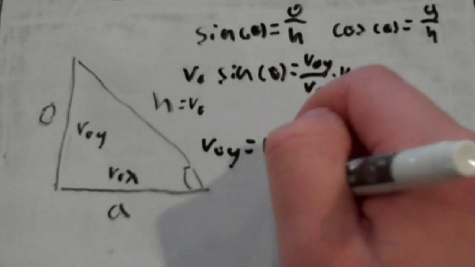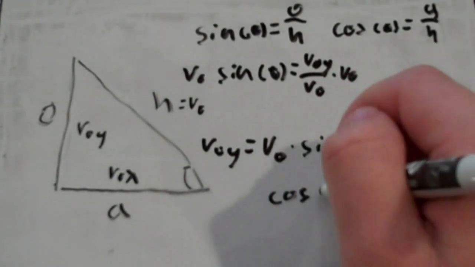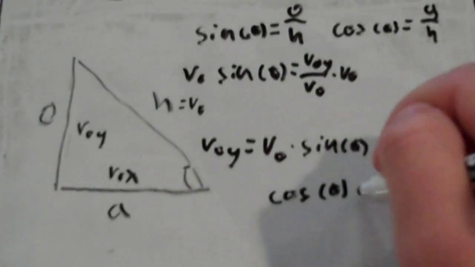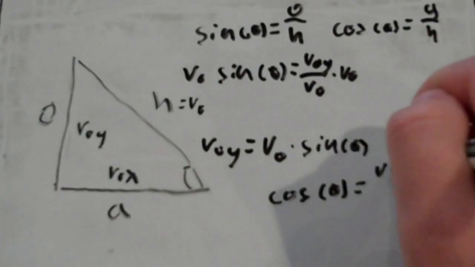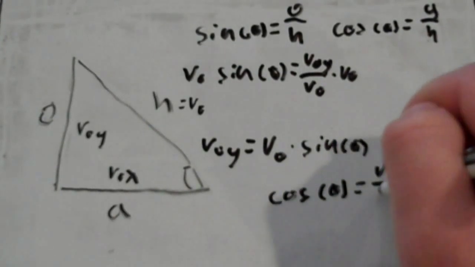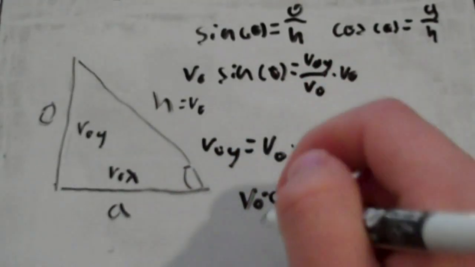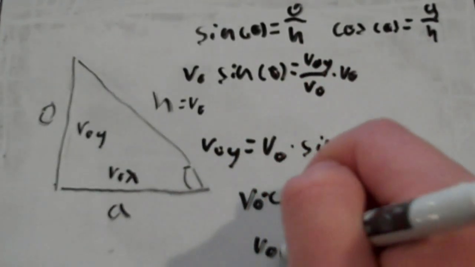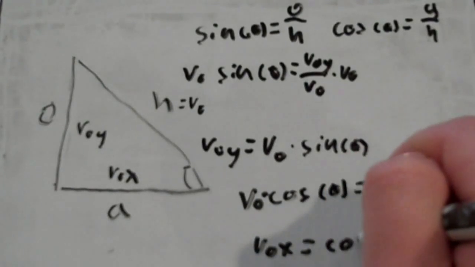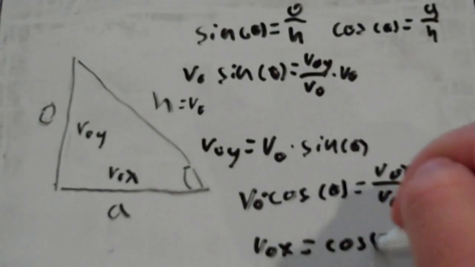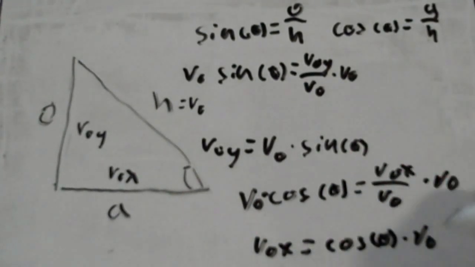We set the cosine, we set the variables equal, so we have the initial horizontal velocity multiplied to both sides, and then we have the initial vertical velocity equals the cosine of some angle times the total initial combined velocity.